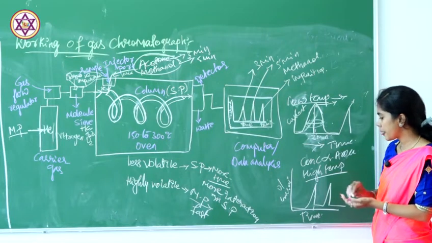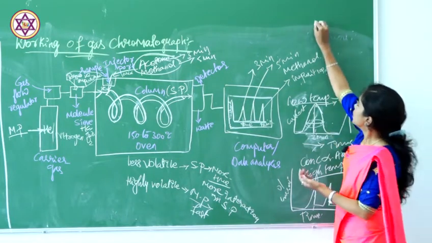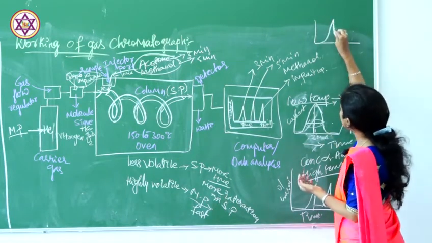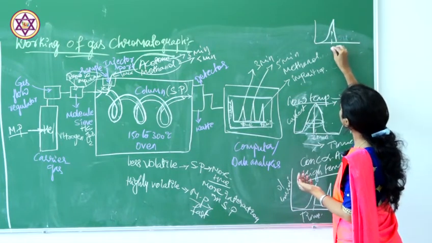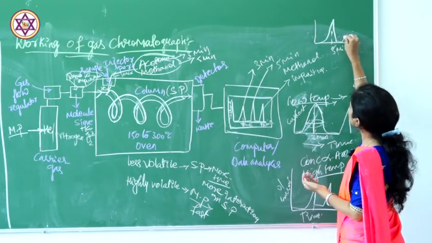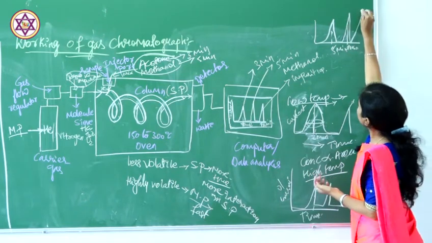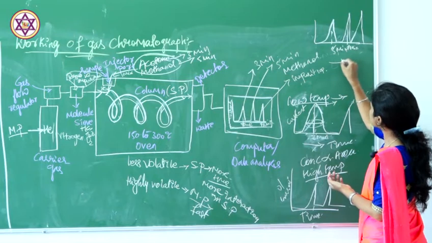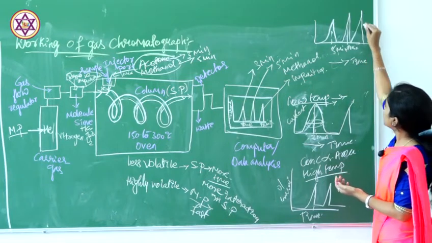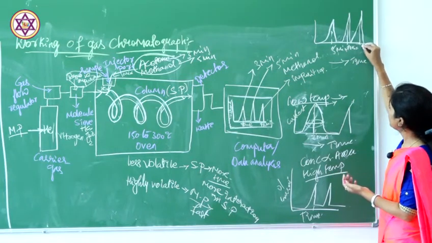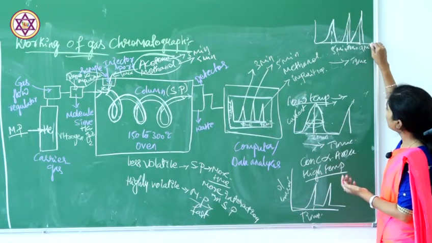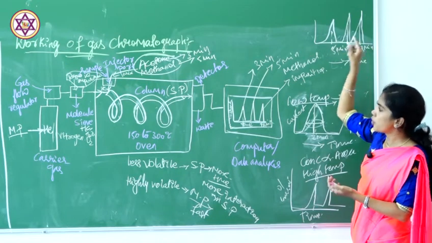For example, if I have a peak at 5 minutes, then at 7 minutes, and then a peak at 9 minutes, then what kind of compound is there?